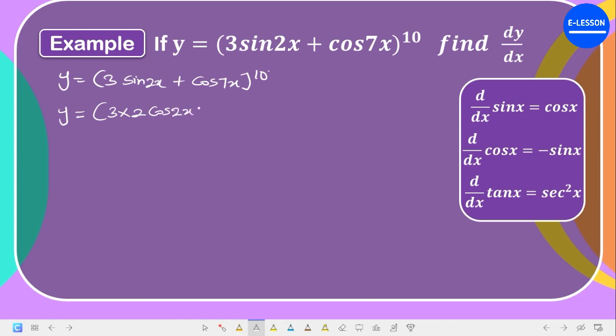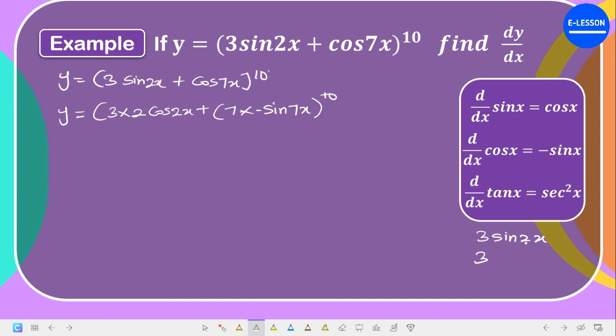So we'll have cos 2x plus differentiate cos 7x: differentiate 7x, it will give you 7, differentiate cos x, it will give you minus sine, then you write the 7x again, raised to the power of 10.